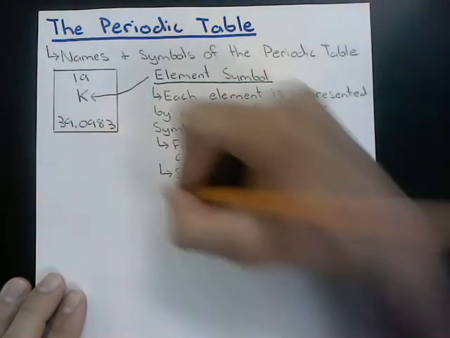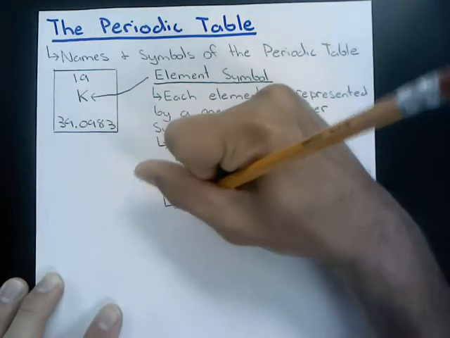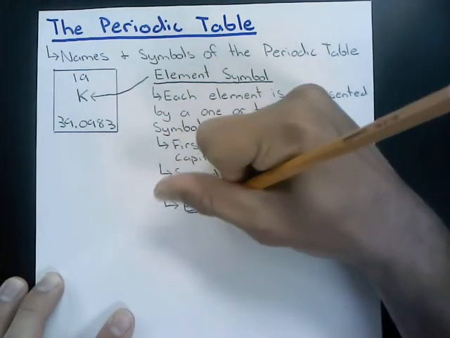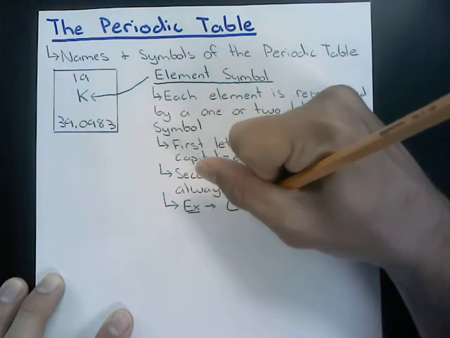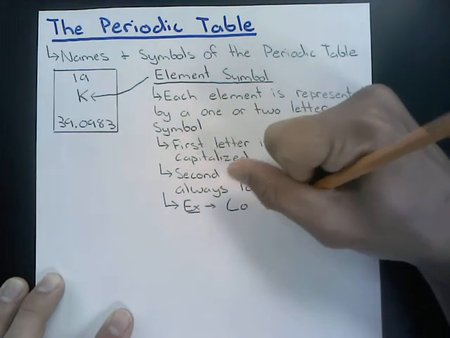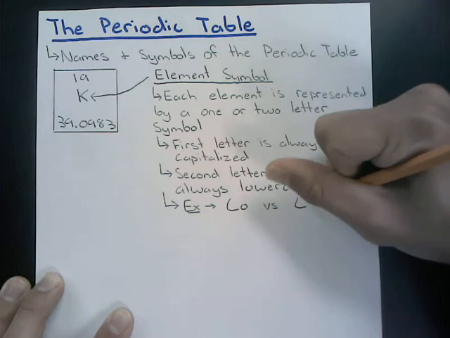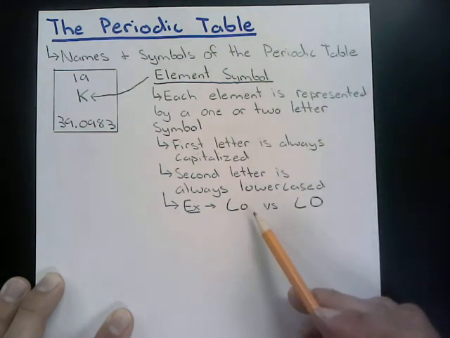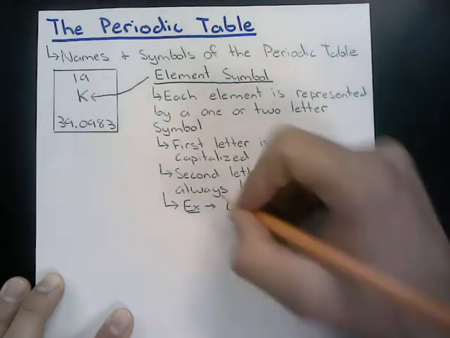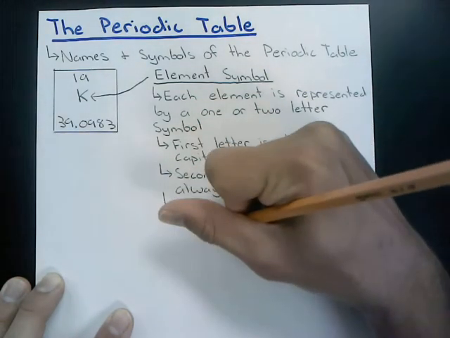A good example here is this one right here. I'm going to have capital C, little o, versus capital C, capital O. The one on the left, because it's an upper and then a lowercase, represents one single element, and that element is cobalt.